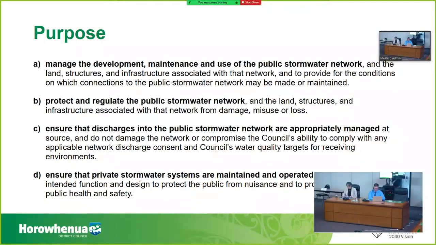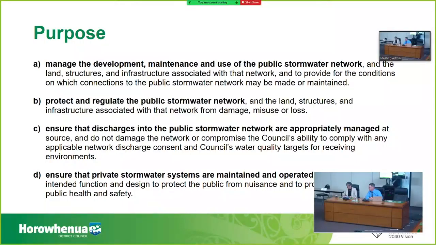So if I just read, section 145 of the Local Government Act enables local authorities to make bylaws for protecting the public from nuisance, protecting, promoting and maintaining public health and safety, and minimising the potential of offensive behaviour in public places.